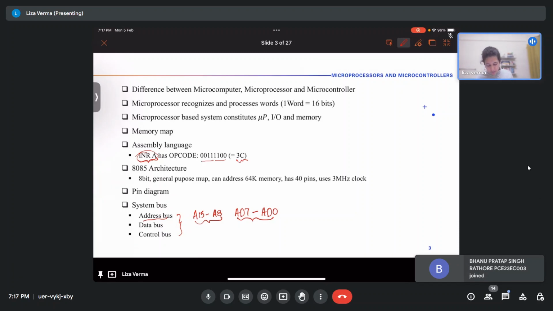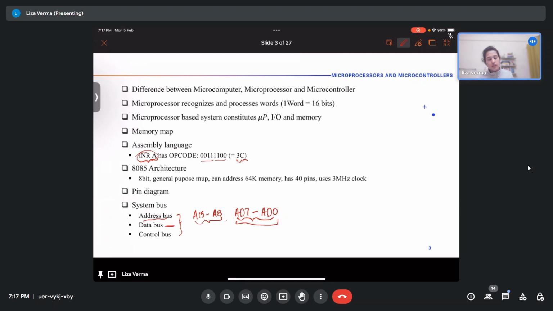As you must be seeing, A15 to A8 is written as it is, but the lower order address lines are written as AD7 to AD0, which means this address line is special because it works as both the data bus as well as the lower order address bus. We'll discuss this later.